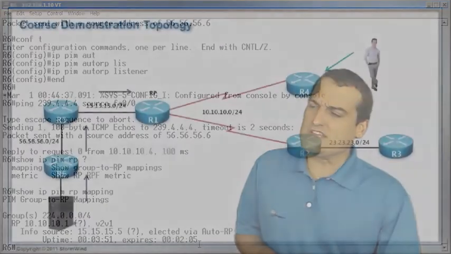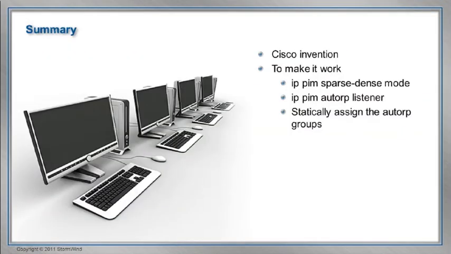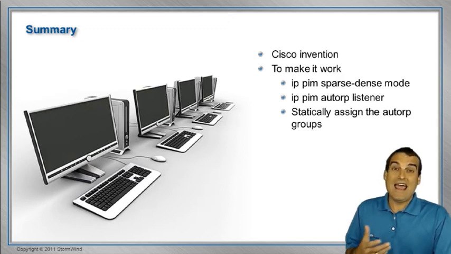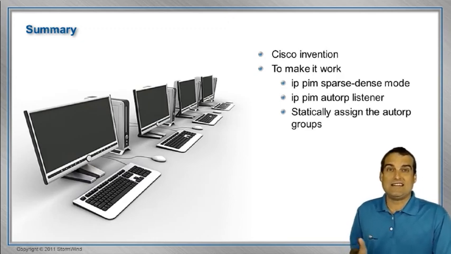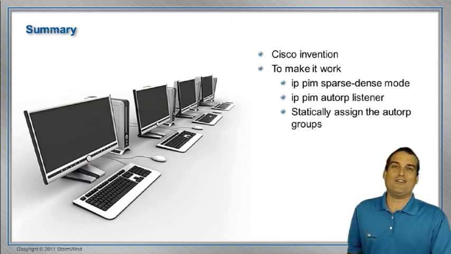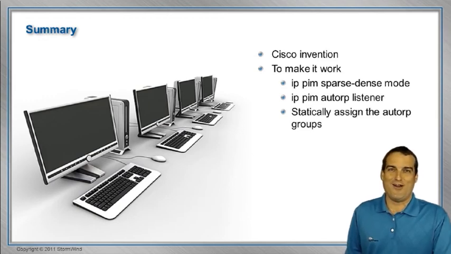I would like to review this, though. Let's definitely review here real quick. Remember, AutoRP, a Cisco proprietary invention in order to get that rendezvous point information dynamically distributed. It uses this concept of a candidate, hey, I want to be the RP, please let me, and a mapping agent, a loudmouth, like me, on the network that tells everyone, hey, everybody, R1 is the rendezvous point.